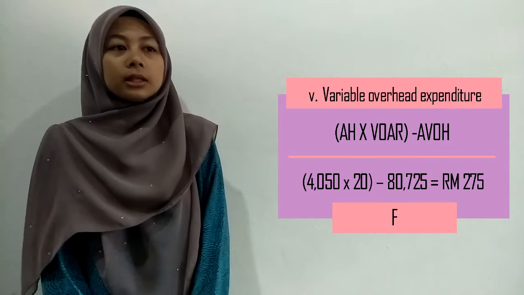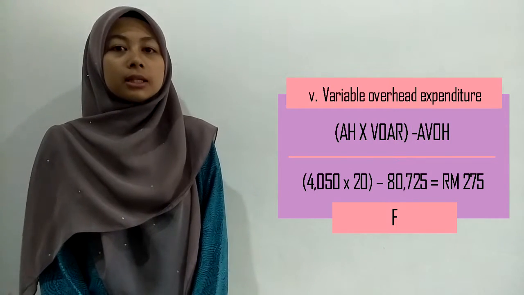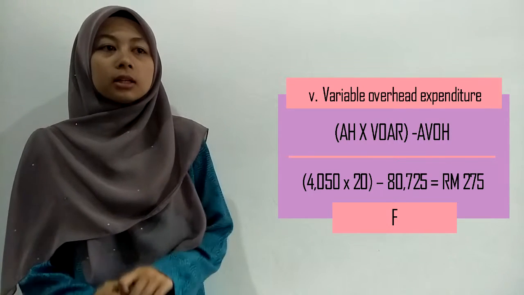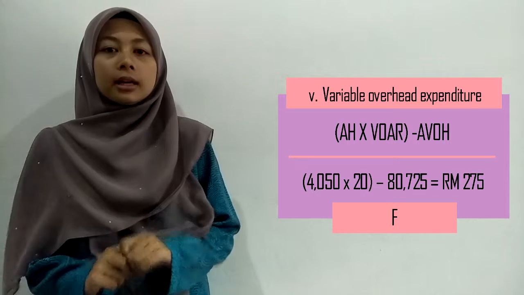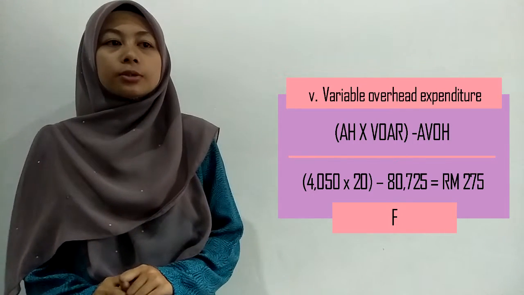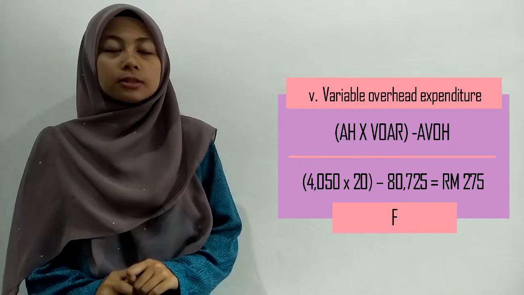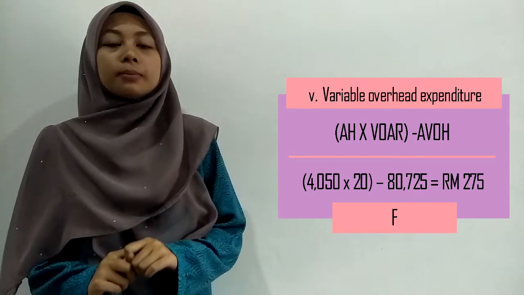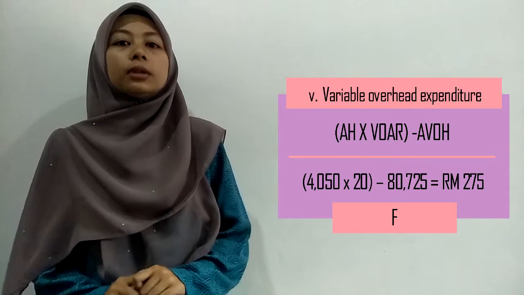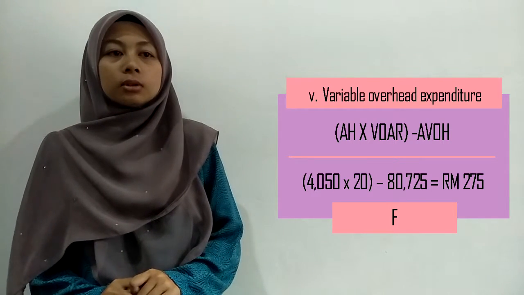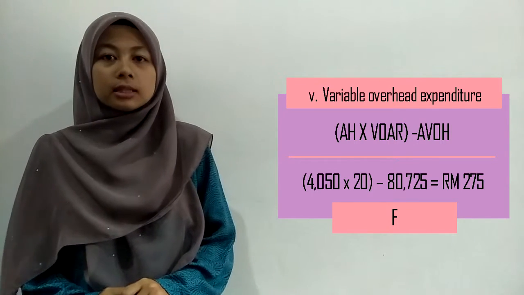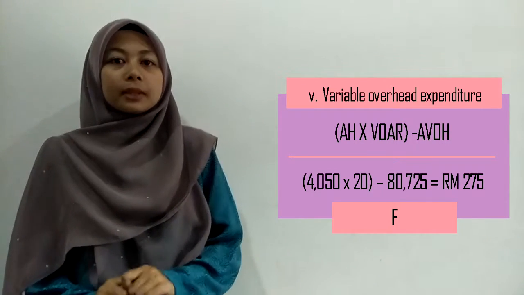So next, we need to calculate variable overhead expenditure. We use the formula actual hour times VOAR minus AVOC. Our actual hour is 4,050. We times by 20 ringgit and minus 80,725. So we got 275, which is a positive figure, so it is favorable.